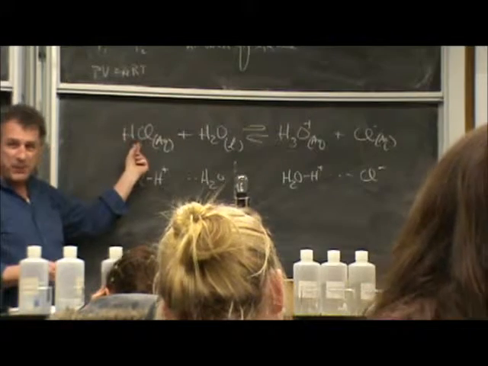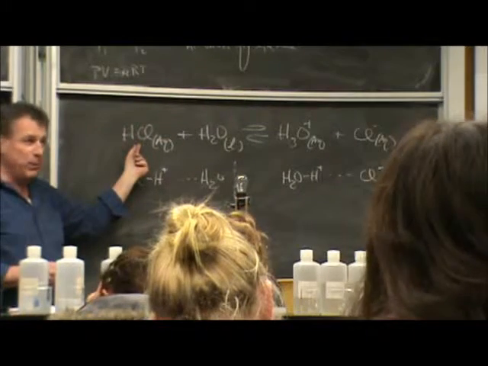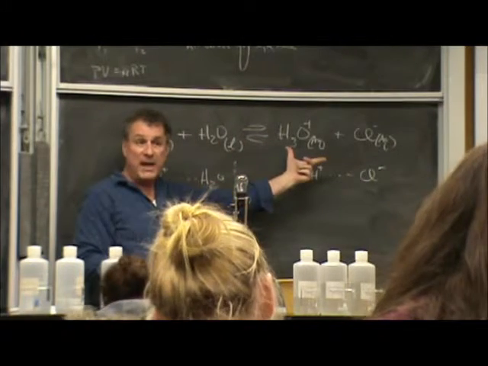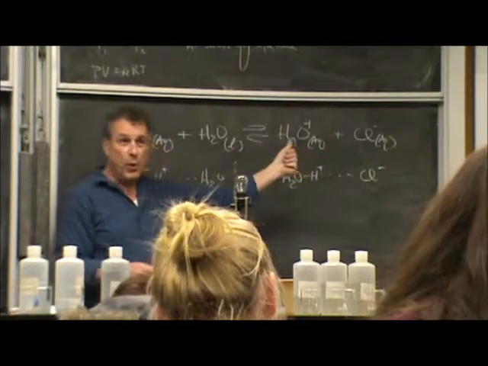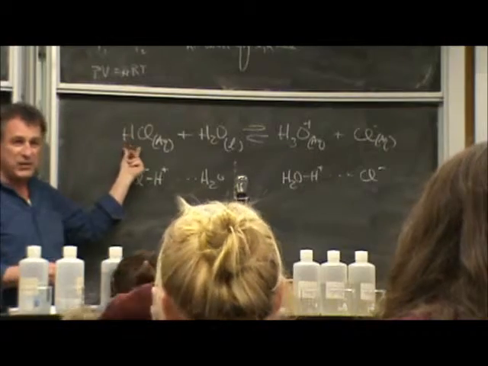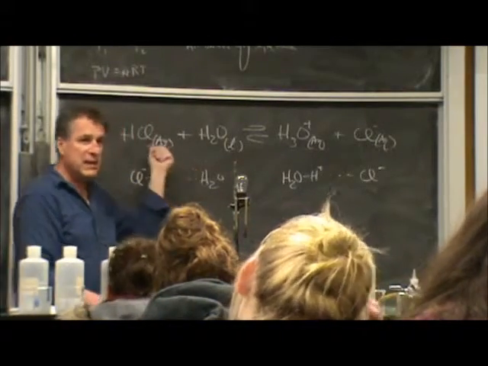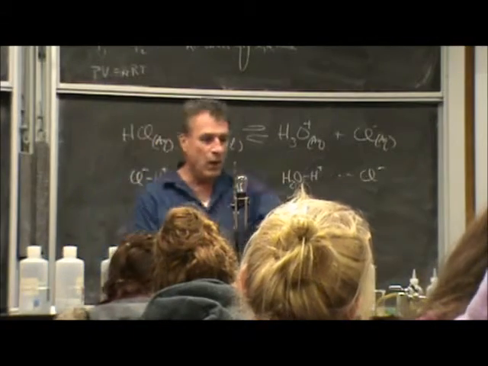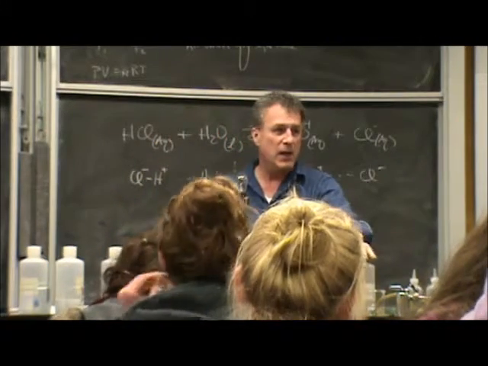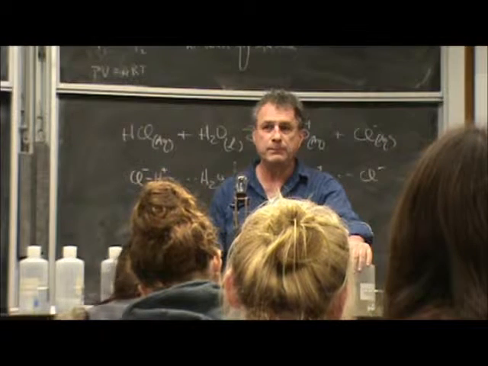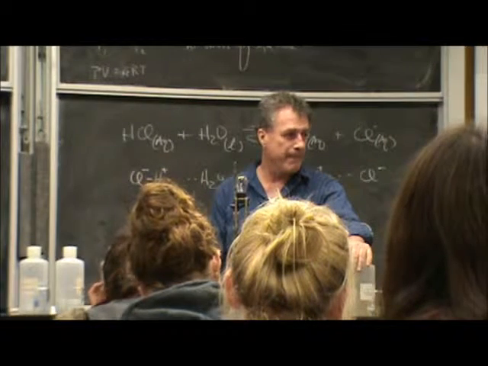About 99% of the HCl molecules that we put in this solution originally have separated and formed ions. Only about 1% or less remain as neutral molecules. That's what makes this a strong electrolyte, even though a dilute solution of HCl doesn't conduct very well. We okay?